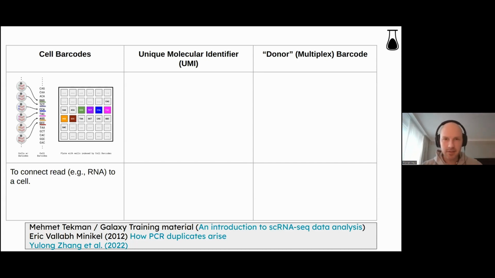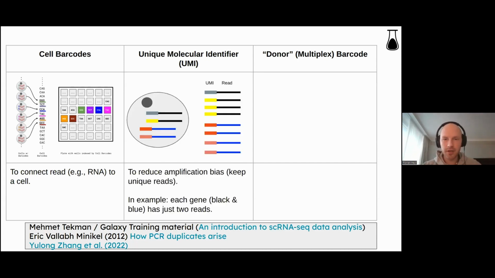A second molecular identifier, which you know from bulk already, is UMIs, unique molecular identifiers. These you also sometimes introduce in single cell, especially in the droplet method. In the well plate method, so for scRNAseq, you cannot really introduce UMIs. This has something to do with the fact that in scRNAseq you sequence the whole read.